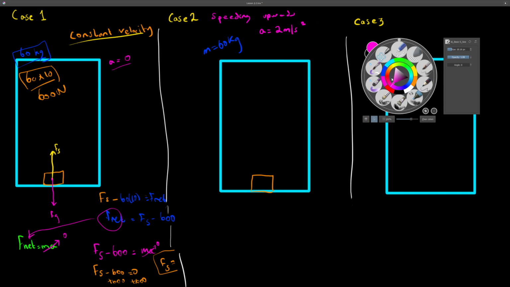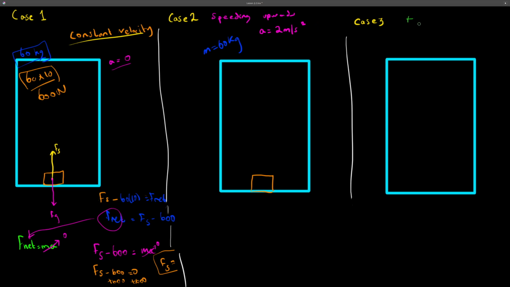So here are the 4 cases. I'll quickly say them. So plus is speeding upwards. Plus minus. So the left side will be if I'm speeding up or slowing down, and this will be my direction.